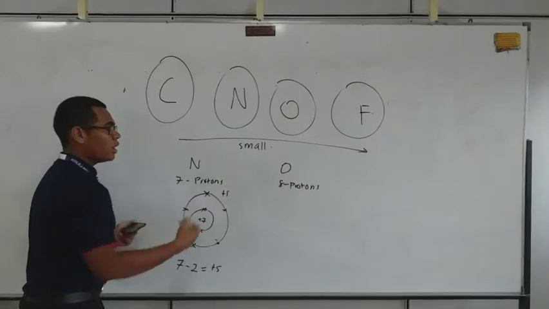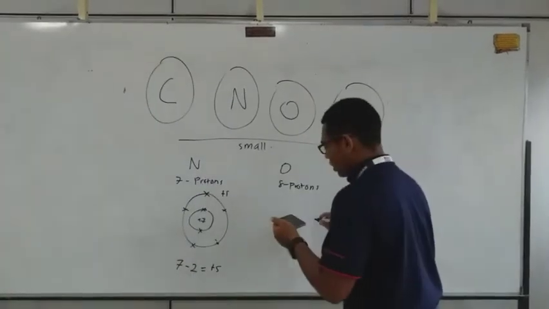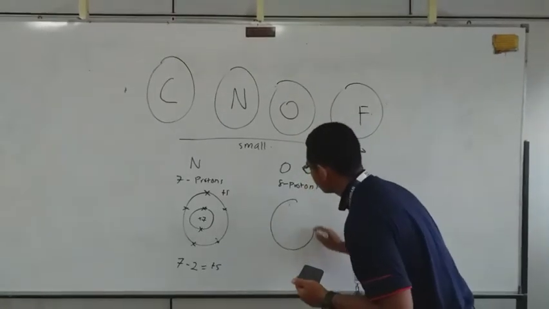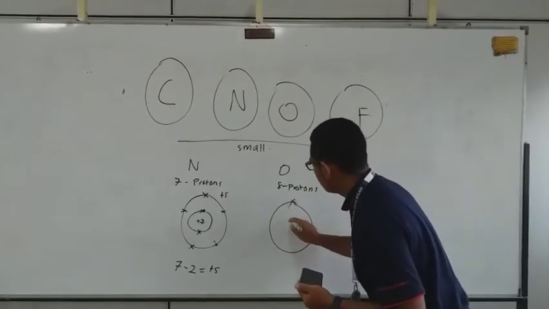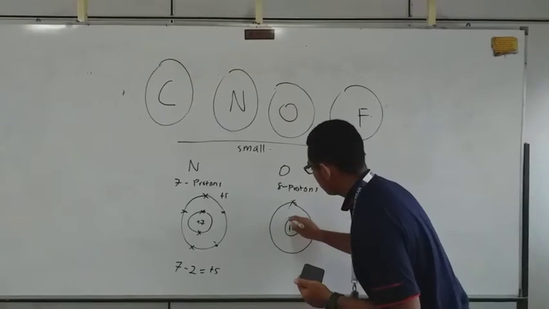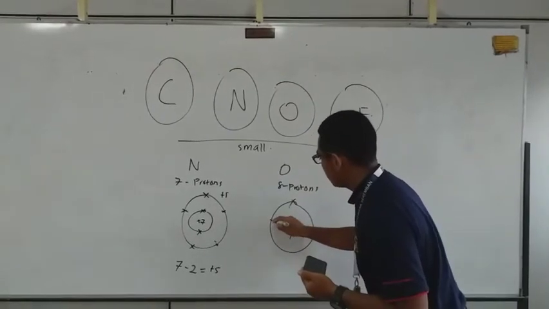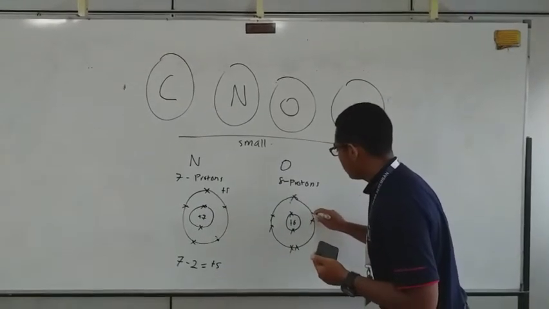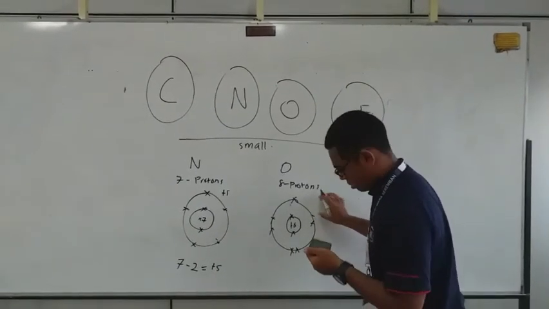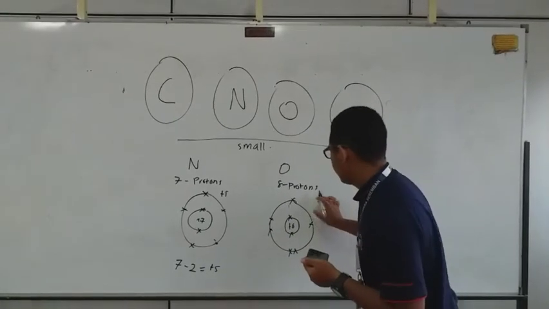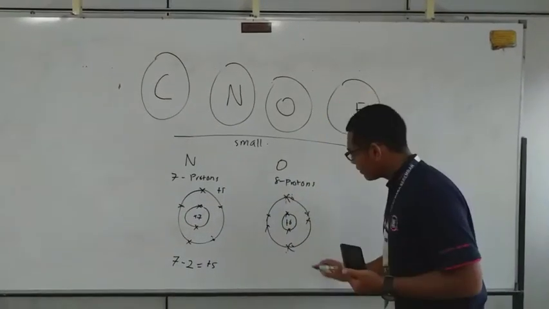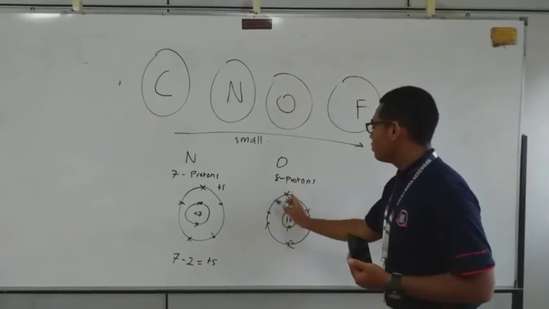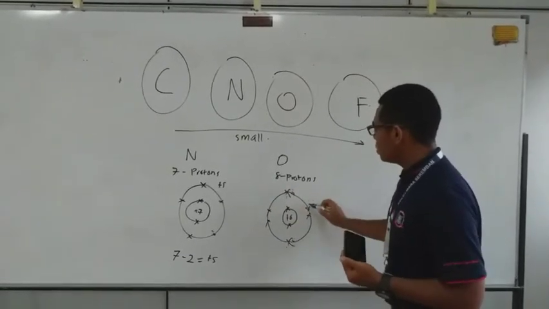So for oxygen, let us see. Oxygen has 8 protons. So let us draw. The valence electrons are 1, 2, 3, 4, 5, 6.